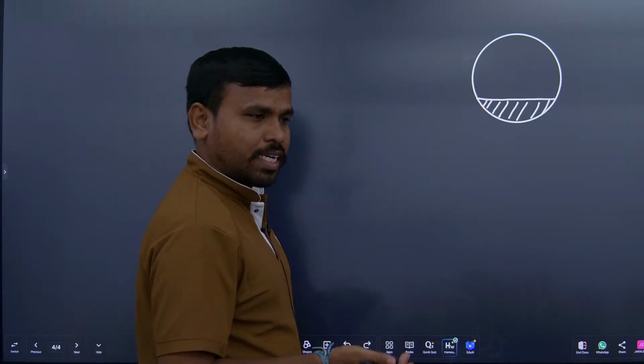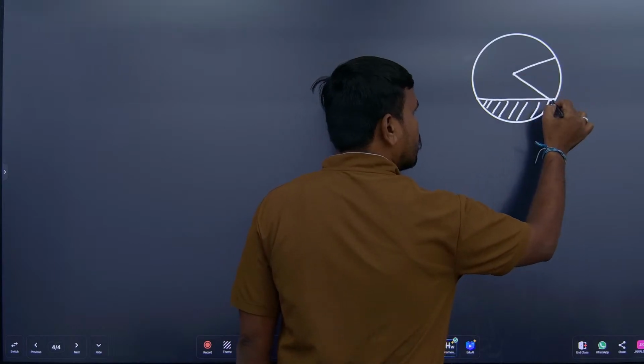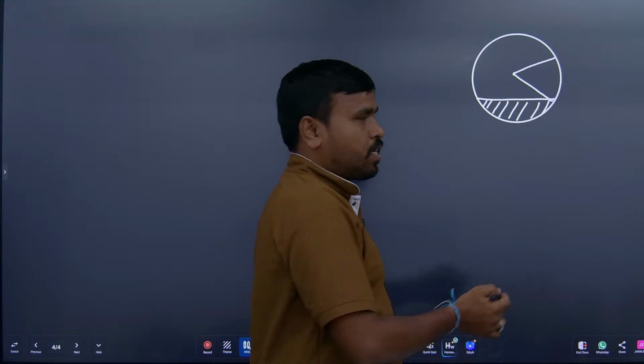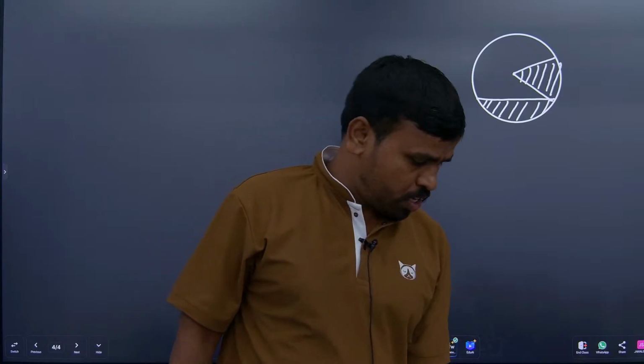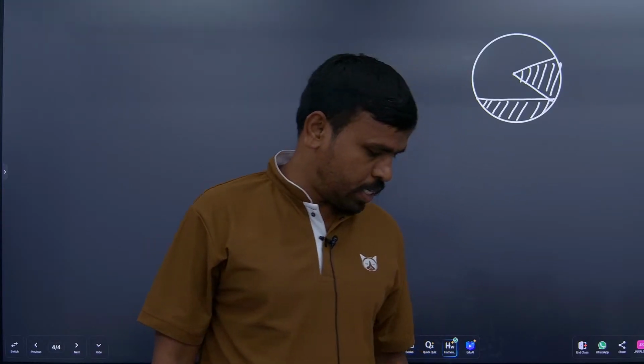What is the sector? This is what we call a sector. So all these key points we have discussed, and we have even finished the 9.1 exercise.